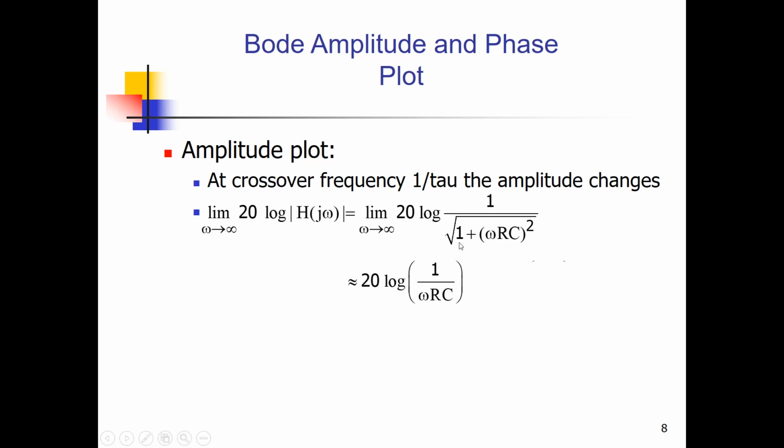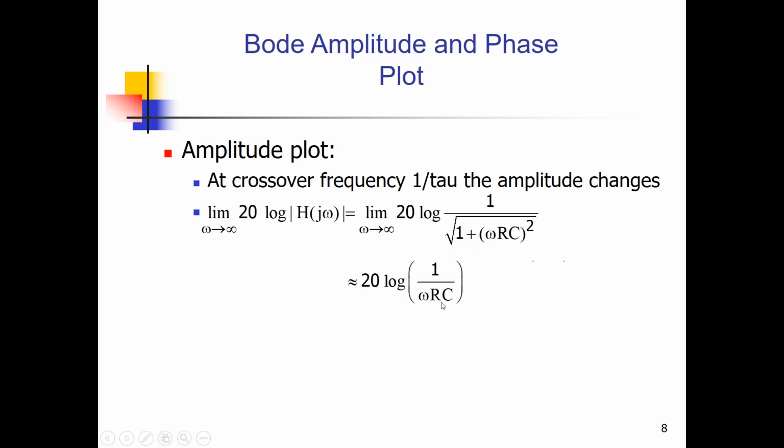Then we get an easier expression for the absolute value at high frequencies: 20 times the logarithmic function of 1 over omega times RC, after taking the square root.